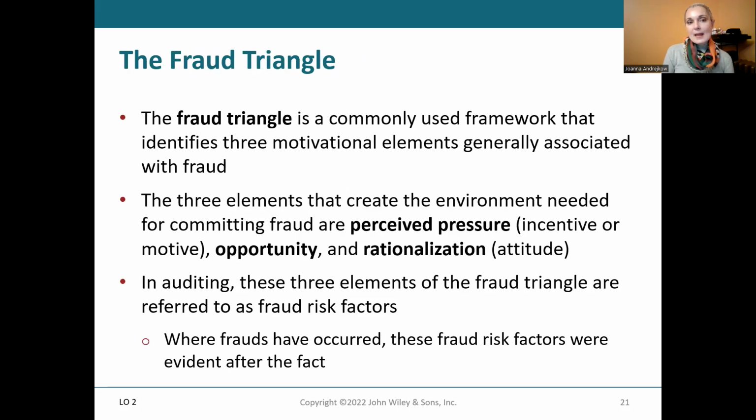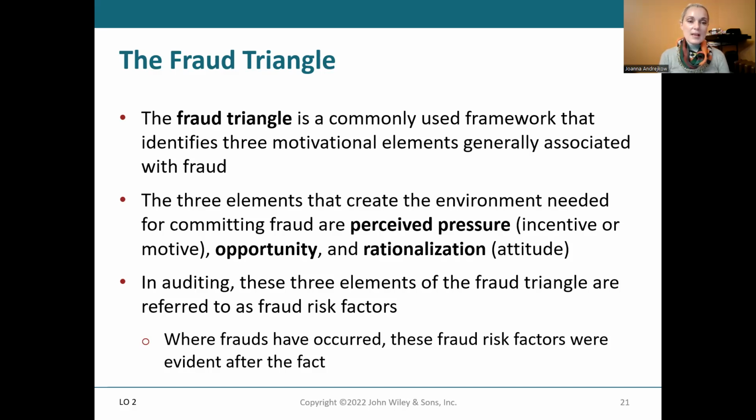Okay. Now let's talk about the fraud triangle. The fraud triangle is a framework that is associated with 3 motivational elements that are generally associated with fraud, and research shows that fraud usually occurs when these 3 elements work together.